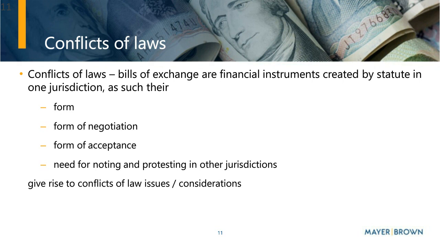Singapore law will govern the effect, interpretation, and validity of the payment obligation by the Singaporean acceptor, because it was accepted in Singapore. English law will govern the effect, interpretation, and validity of the payment obligation by the English endorser, because it was endorsed in England. And then the capacity of each company to sign the relevant parts of the bill will be governed by their own local laws. So as you can see, it's not that straightforward when dealing with cross-border bills.